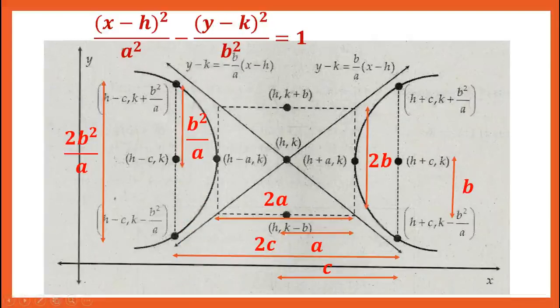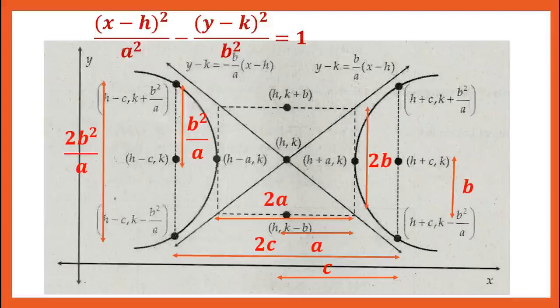And for the coordinates ng ating endpoints of the latera recta, alam natin ang length of the latera recta is 2b squared over a. At ang kalahati nun is b squared over a. Half of it is measured from focus to one endpoint of the latera recta. So sa makatuwid, since they have the same horizontal distance from the y-axis, which is h minus c, itong F sub 2 natin, ang mababago lamang ay yung kanyang vertical distance ng ating endpoints ng latera recta.